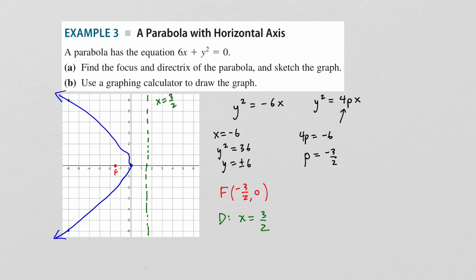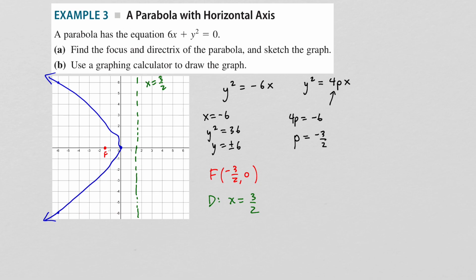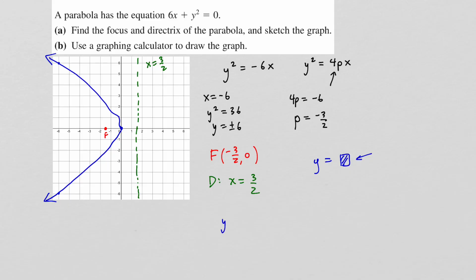Now, what about graphing it on a graphing calculator? Most of the time when you graph something on a graphing calculator, your graphing calculator is going to say y equals, and then it will have a blinking cursor for you to type in what y is equal to. But notice in this case, since y squared is equal to -6x, you have to solve for y by taking the square root of both sides.